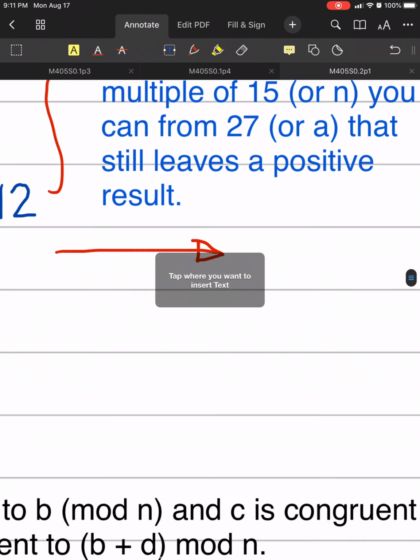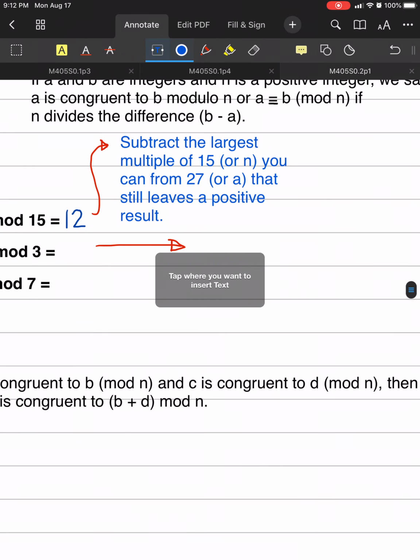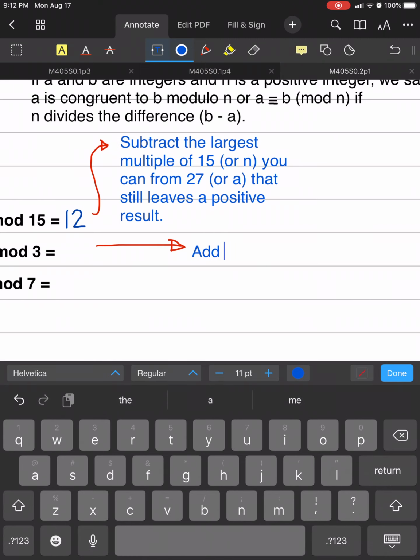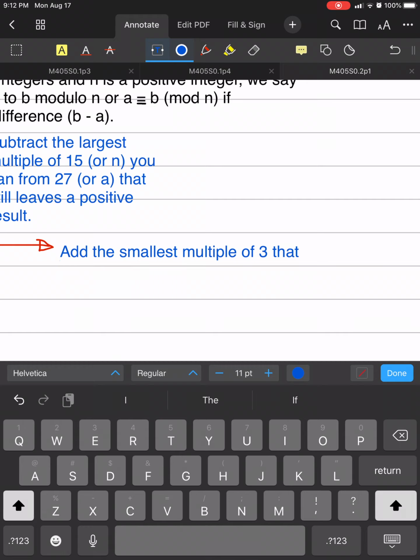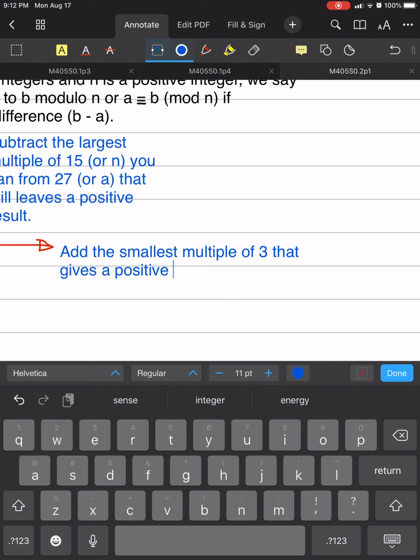Here, instead of subtracting, we can add the smallest multiple of 3 that gives a positive result.